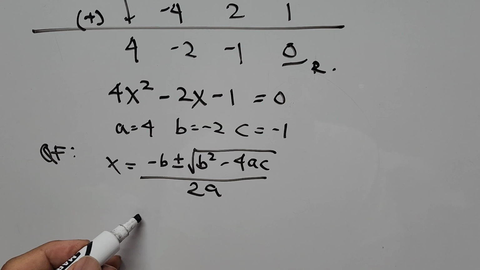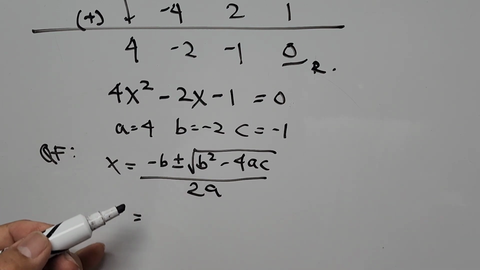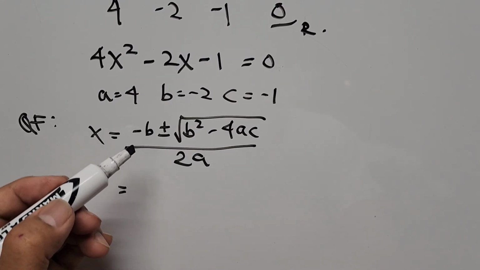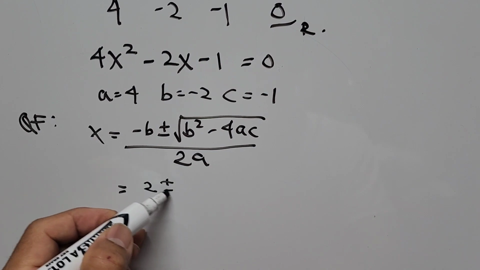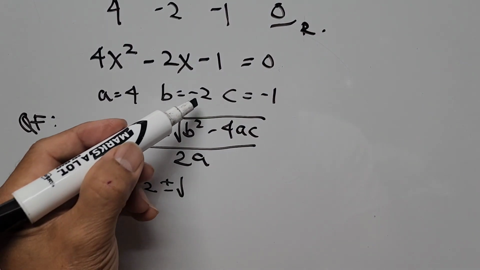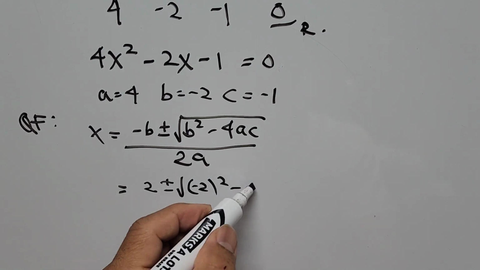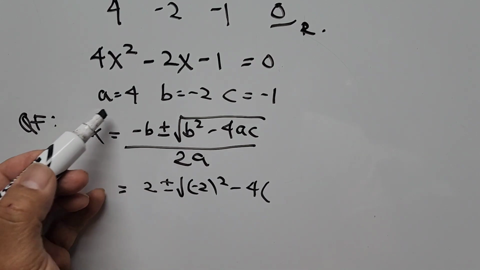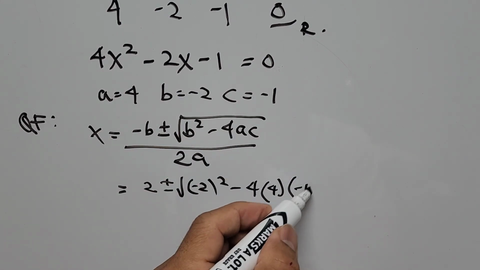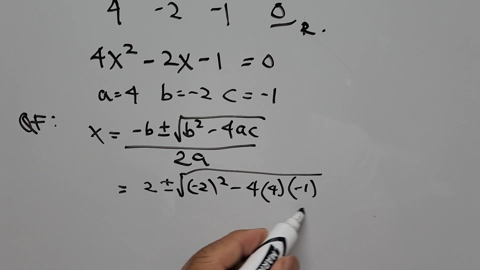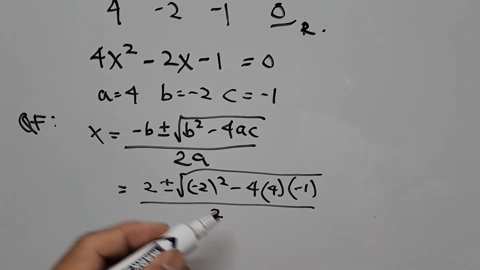All we have to do is plug in the values of a, b, c into this formula. So we now have minus b, which is minus (-2), that is positive 2, plus or minus the square root of (-2) squared minus 4 times a, which is 4, times c, which is -1, all over 2 times a, where a is 4.